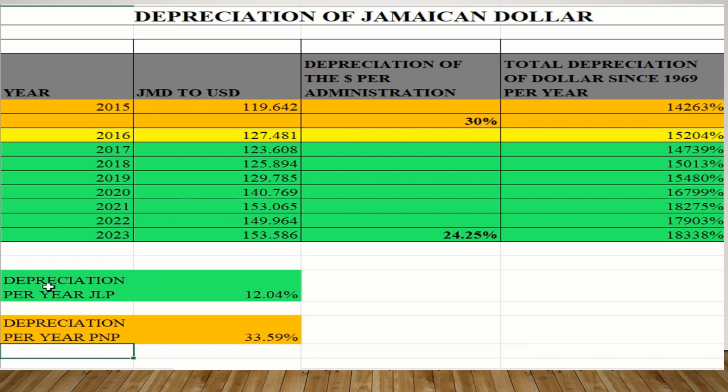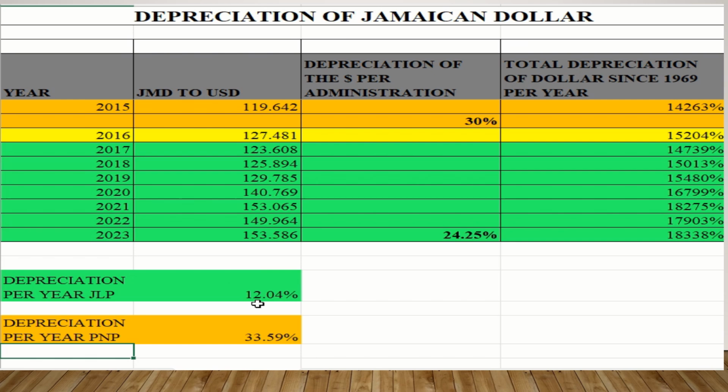To summarize, the depreciation per year under the JLP is 12.04%. And this is per year. So every year the JLP has been in power from 1969 until 2023, they have averaged 12.05% depreciation of the dollar every year. They should be ashamed of themselves.